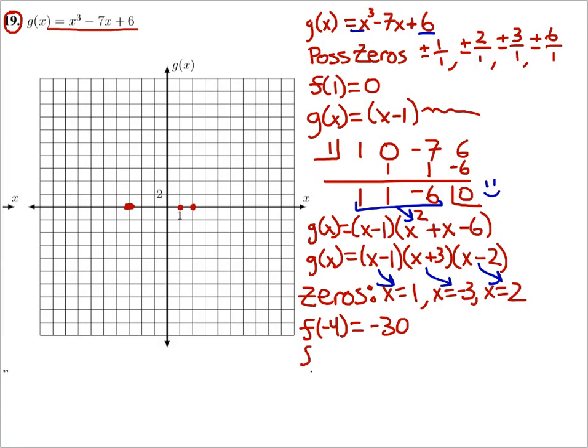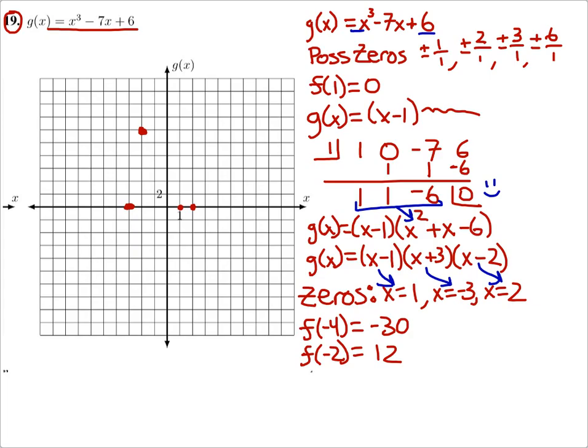Now, I'm not going to do negative 3. I already know that one. But maybe negative 2, and that gives me 12. Now you might initially say that 12 is no good, but if you check out the y scale, you see that it's scaled by 2's, so 2, 4, 6, 8, 10. 12 is right there, although the x value was negative 2. So we have negative 2 comma 12.